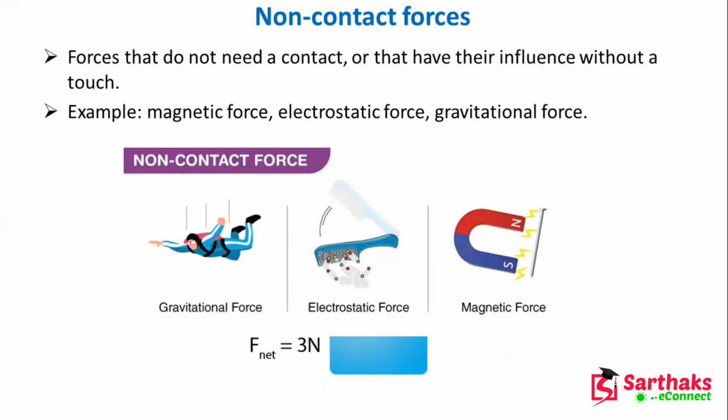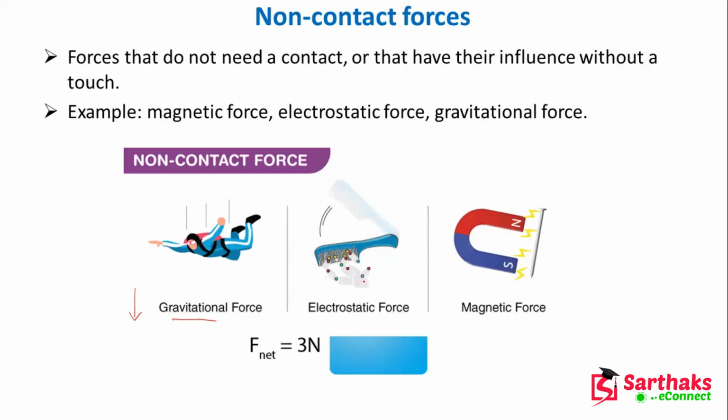One thing you can see is that this person, due to the gravitational force, will fall downward. And sometimes, if you are using a comb, after a certain time it has some charges, so it will attract some papers.